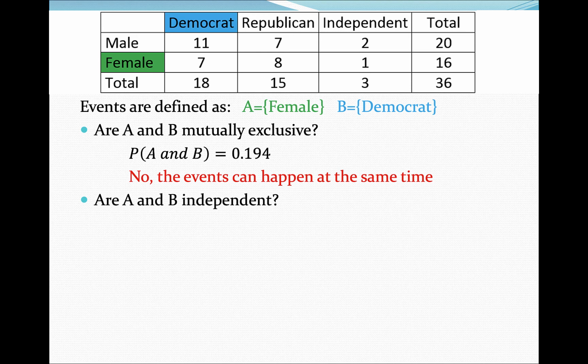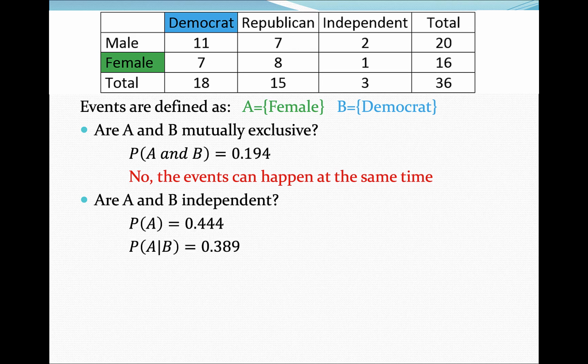It's best not to think about it like that, because if you don't look at the numbers, then you can make a mistake, because there might be one population where being female does have an effect, and another population where being female does not have an effect. So you got to be careful there, and you got to make sure you look at the numbers. Basically, I can put the numbers in the table in such a way that these are going to be dependent, or I can put them in such a way that they're going to be independent. So you got to check the math here.